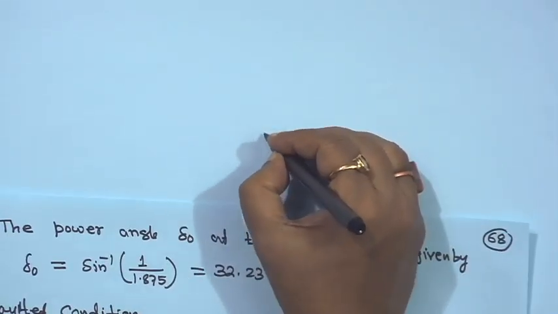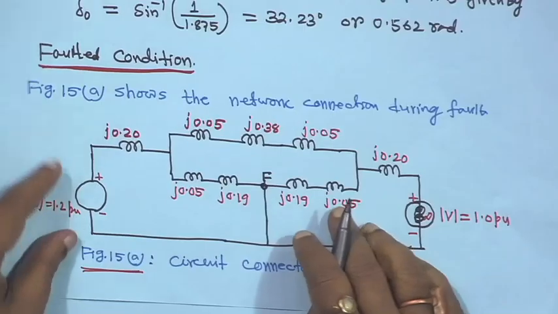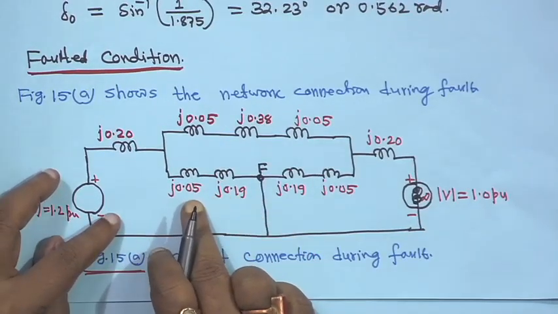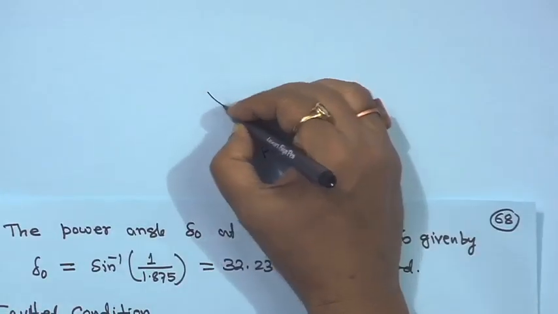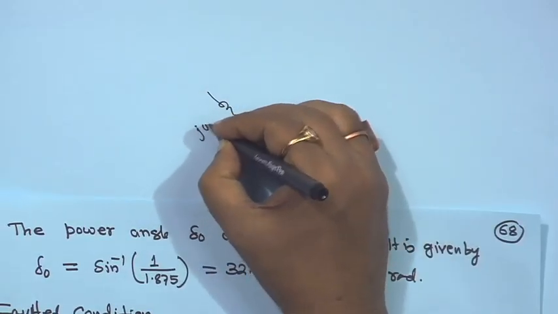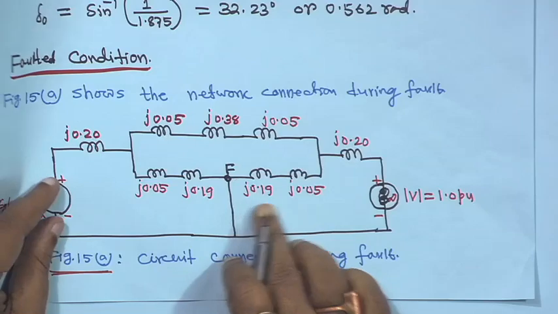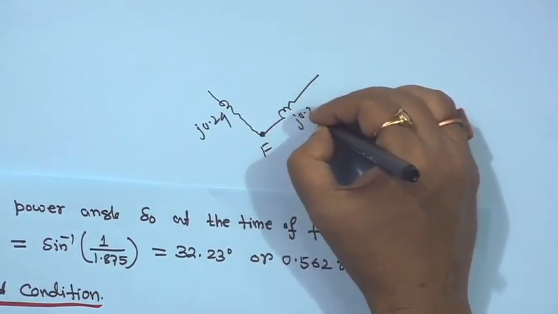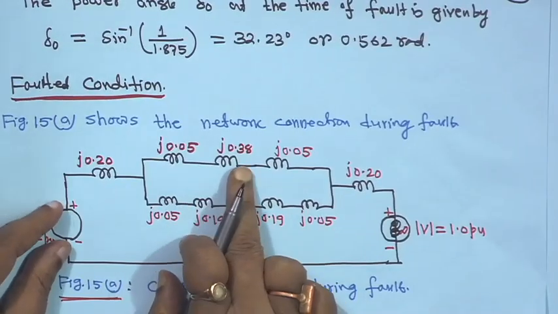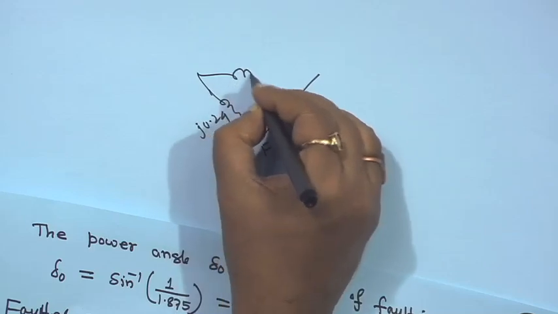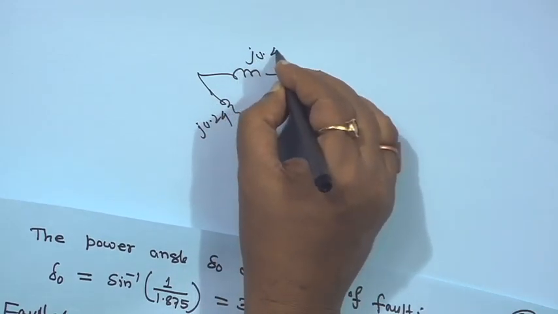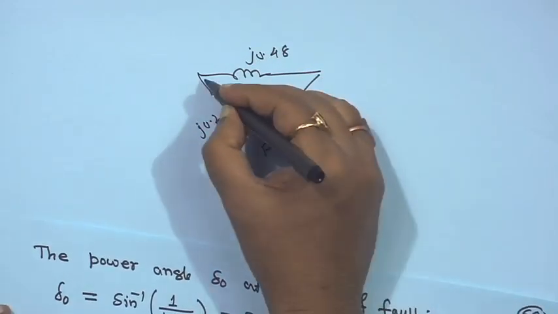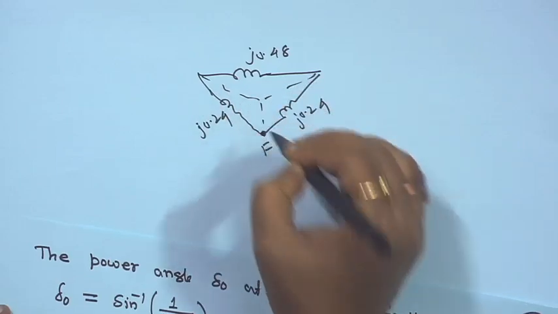Suppose this is your fault position, F. These two are 0.05 and 0.19, so this should be j 0.24. This side also 0.19, 0.05, this is also j 0.24, and this is 0.35, 0.05, 0.05, so 0.48. So, this side will be j 0.48.